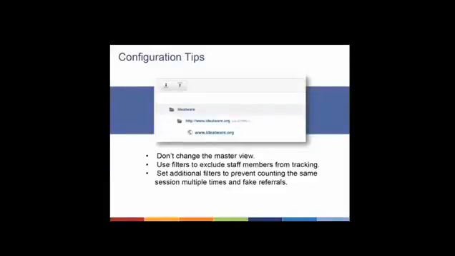Some configuration tips while we're setting up these analytics accounts and profiles: you may notice when you're using other third-party websites, Tumblr even, or you're creating a new microsite, maybe for a specific campaign that you're launching, that you can add multiple websites to your Google Analytics account, and they can each have separate ID numbers so that they're tracked separately.